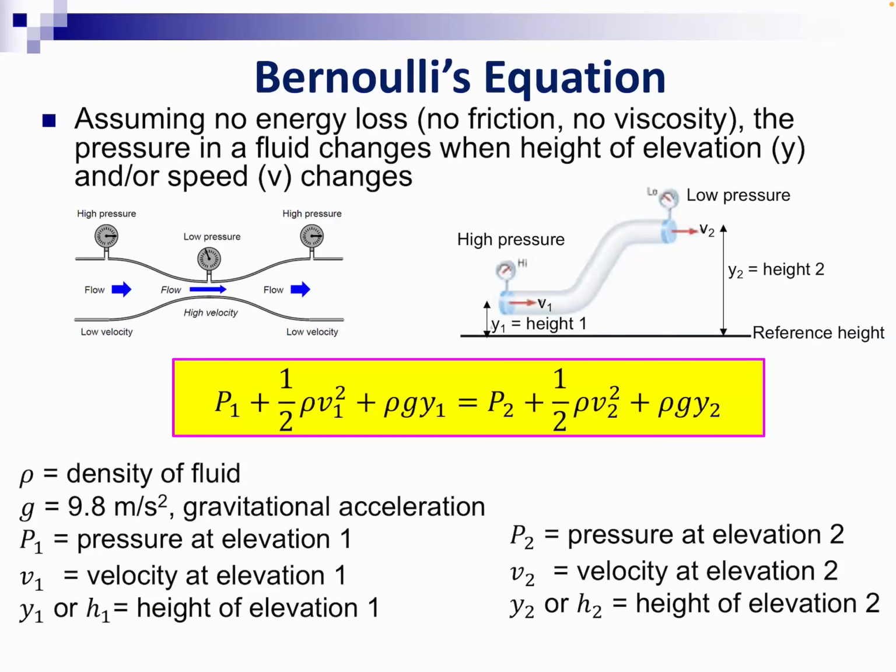So in the last lecture, we learned that the pressure will change with depth, right? The deeper you go, the higher the pressure. The higher you go, the lower the pressure. This is what we learned from last lecture.